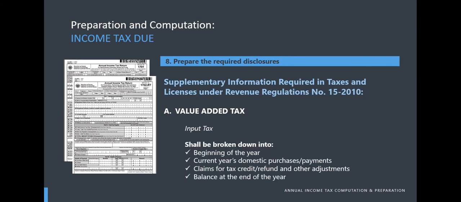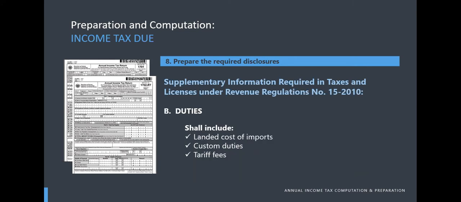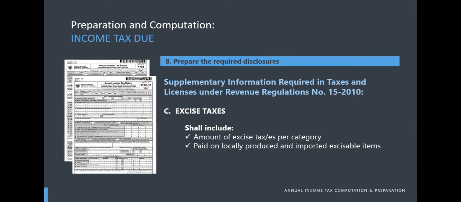Next, in the income tax, the input tax must be broken down into the beginning of the year, the current year's domestic purchases and payments, claims for tax credit or refund and other adjustments, and balance at the end of the year. Under duties, it shall include landed cost of imports, customs duties, tariff fees, and excise taxes, the amount of excise tax per category paid on locally produced and imported excisable items.